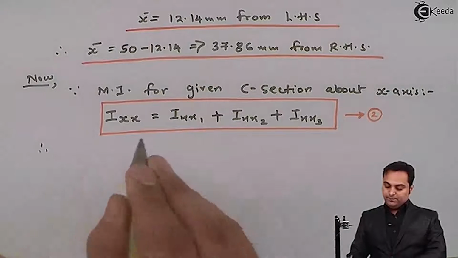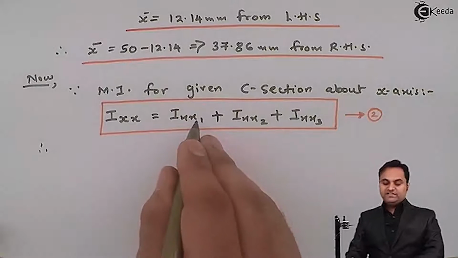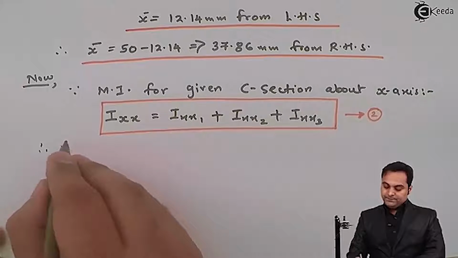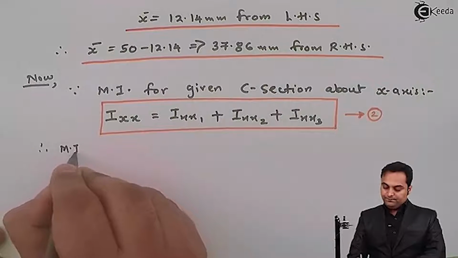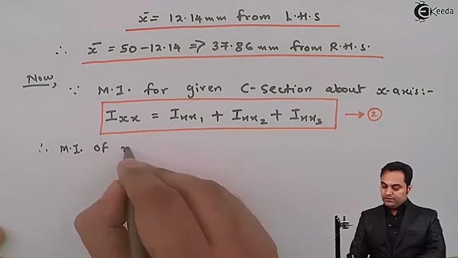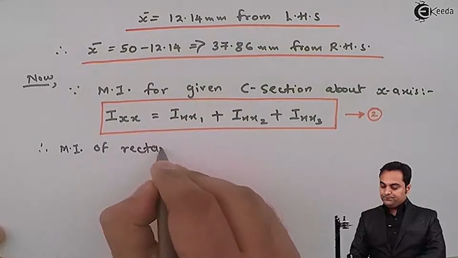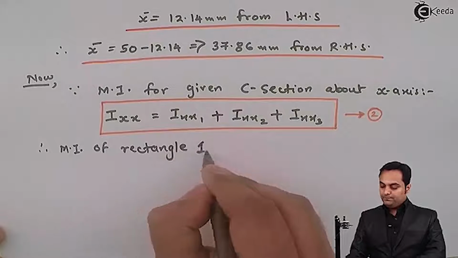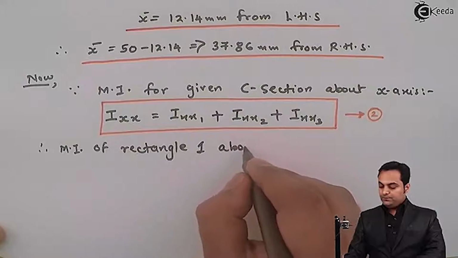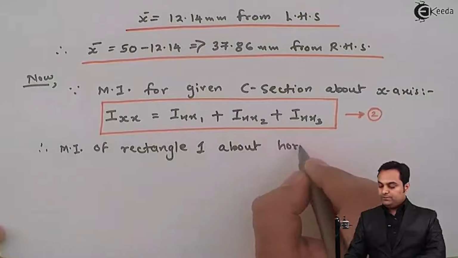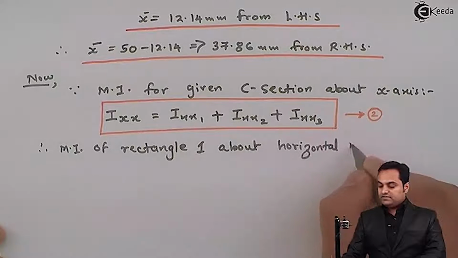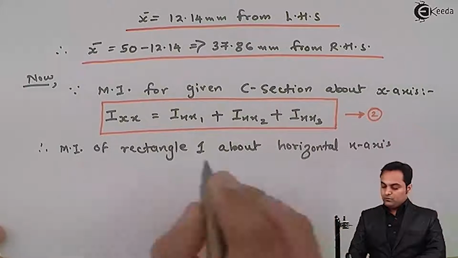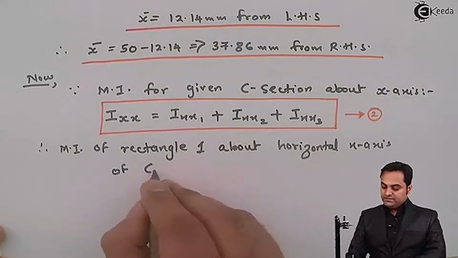So starting from Ix1, what is Ix1? That is MI of rectangle 1 about the horizontal x-axis of the C section.